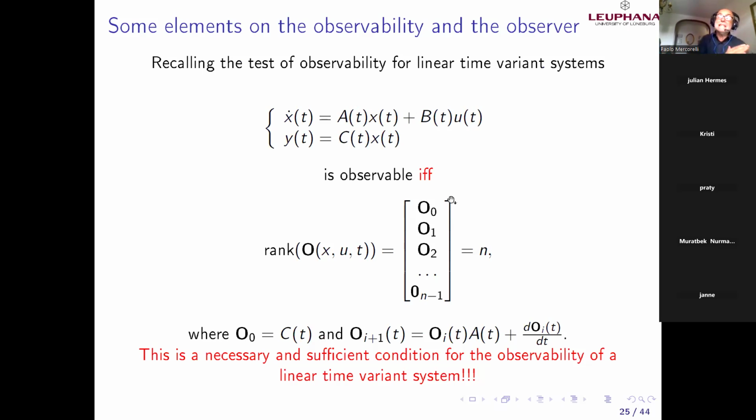If and only if means necessary and sufficient condition. The reason is that the system is still linear. Don't learn this, but it is just to show you that we have another, relatively similar test. What we preserve, thanks to the linearity, is the necessary and sufficient condition. But of course, the test is a little bit more complex.